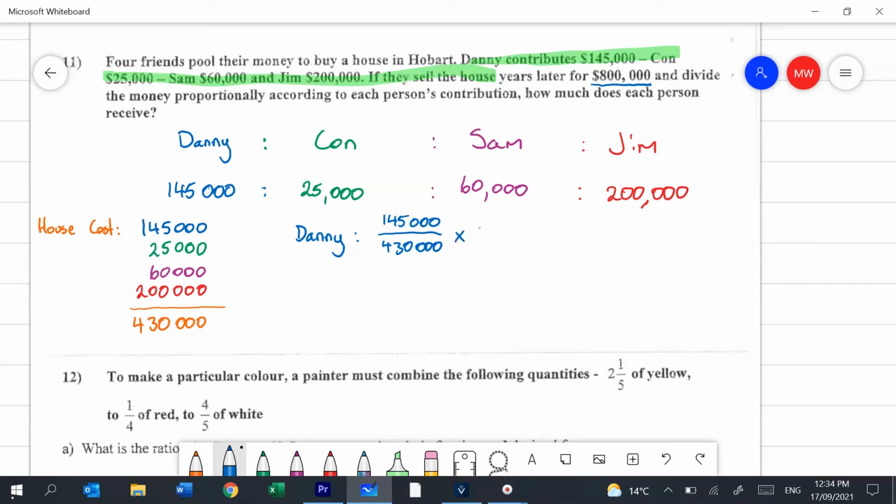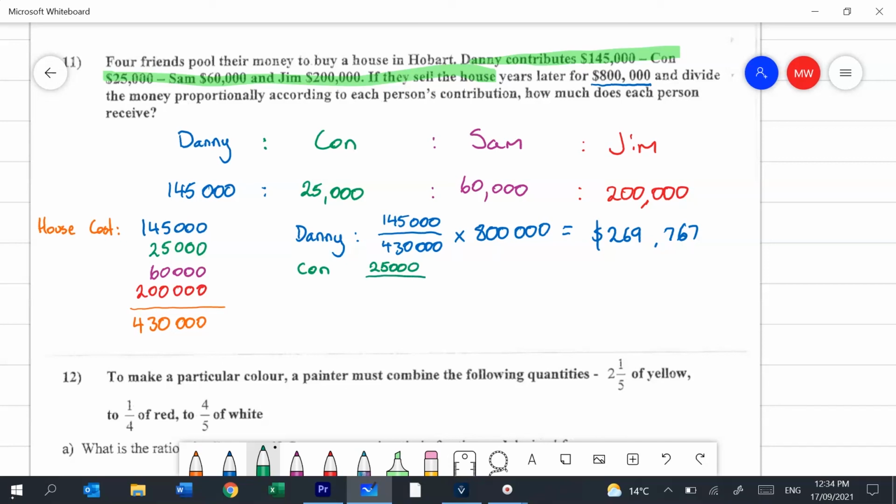So if we multiply that by the 800,000 that they sold the house for, that tells us that his portion should be 269,767.